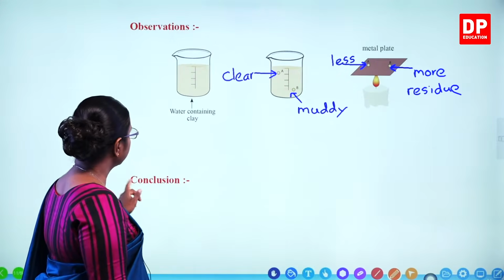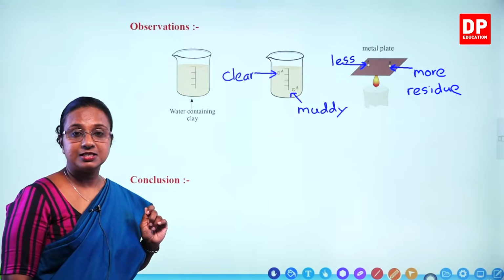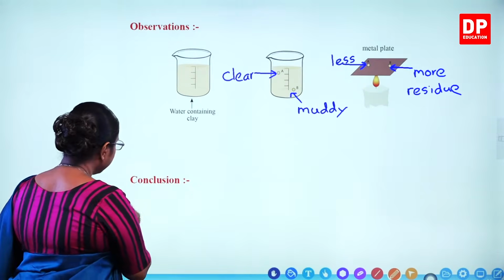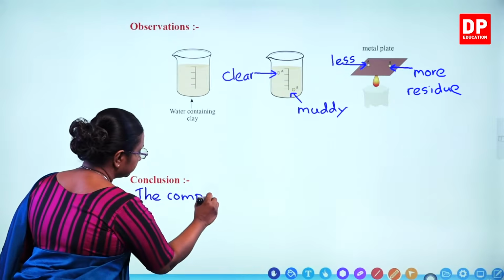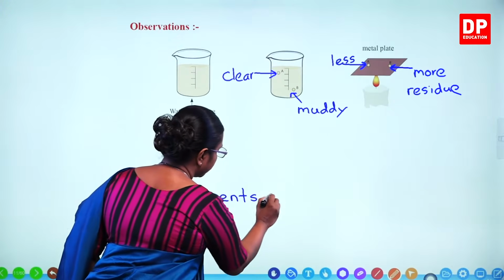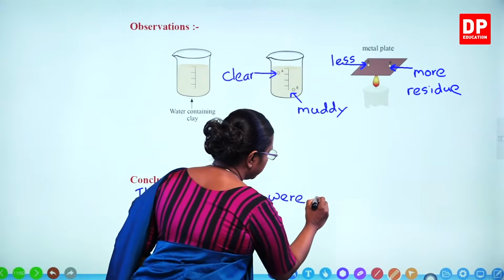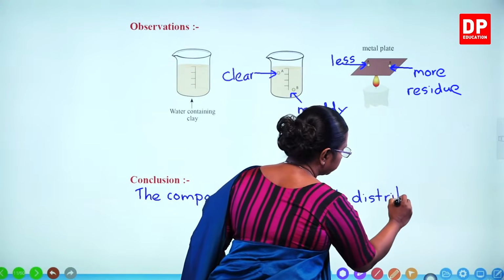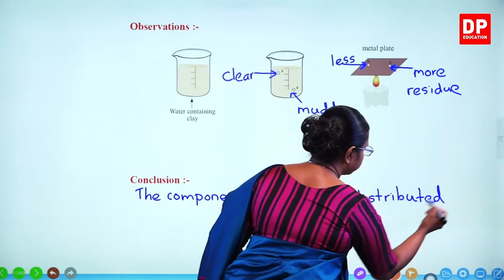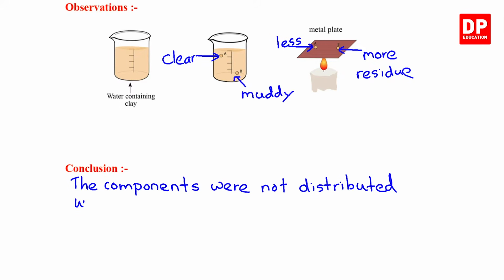So the conclusions from the activity is that we can say the components were not distributed uniformly in the mixture.